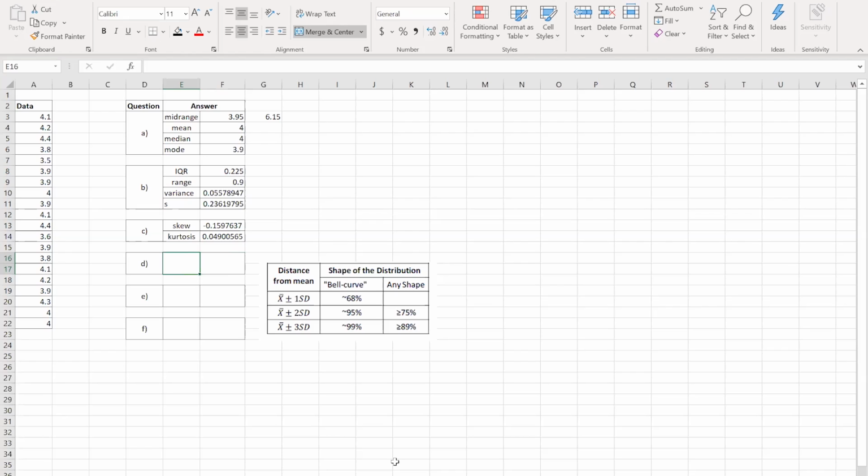Does that make sense? From Q1 to Q3, 50% of the data is between those two numbers. So when we report the range, we'll include both of those numbers, the lower range and the upper range. The lower range is Q1.